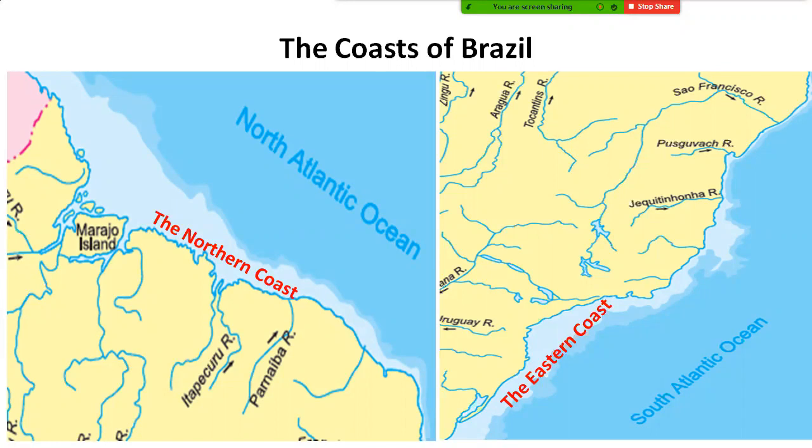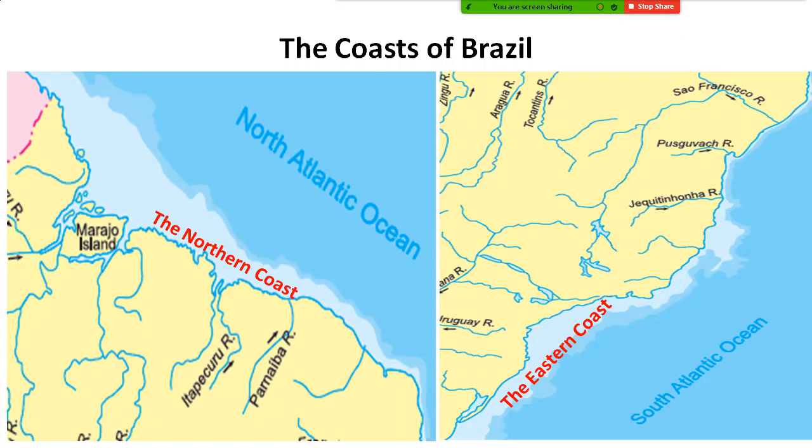The difference between these two coasts is that the northern coast extends from Amapá province in Brazil up to Rio Grande do Norte, while the eastern coast extends from Rio Grande do Norte up to the southern tip of Brazil.